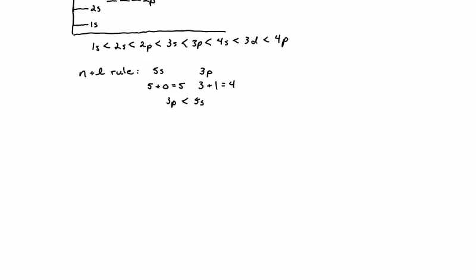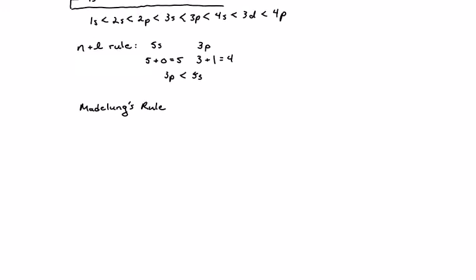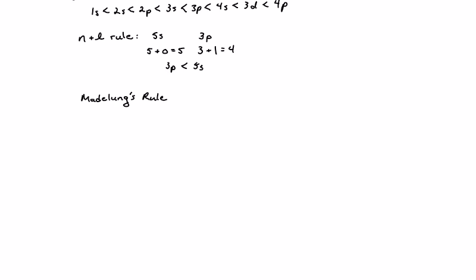The other way is to follow Madelung's rule. Now it's important to note that Madelung's rule, there's no reason why it should work, it just happens to work and it serves as a mnemonic. Okay, basically what we do here is we start off by writing out the different orbitals in each one of the energy levels. So first we start off with 1s, and directly under 1s we put 2s and 2p to the right. Okay, we know there's only an s and a p orbital in the second energy level.